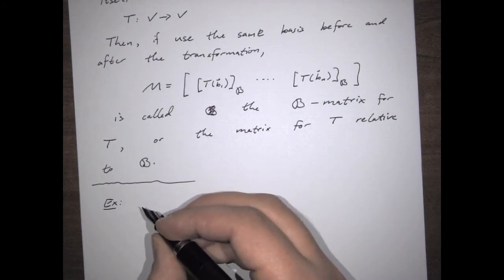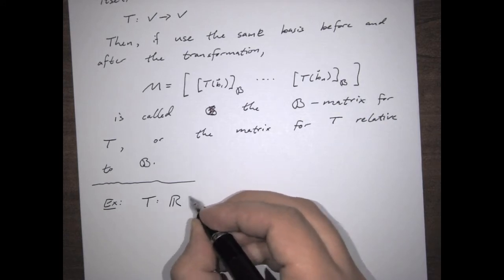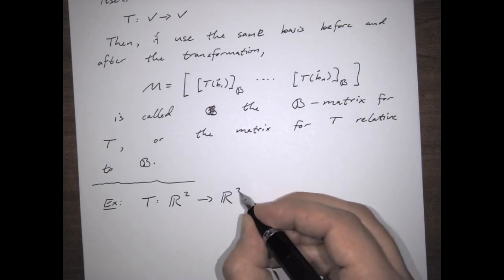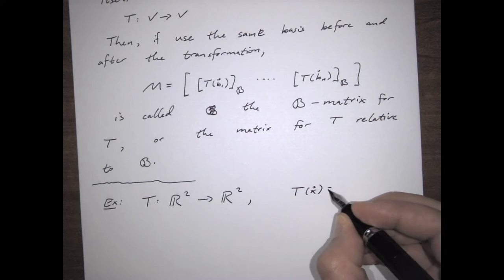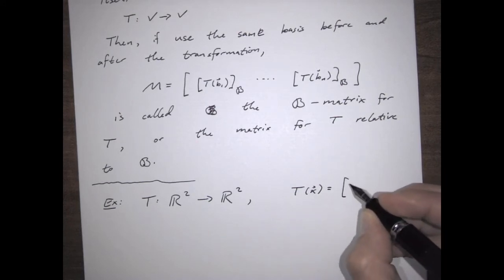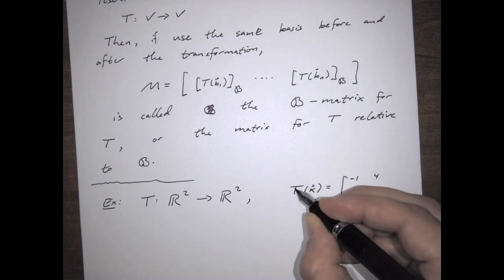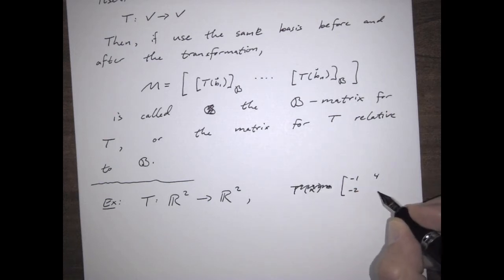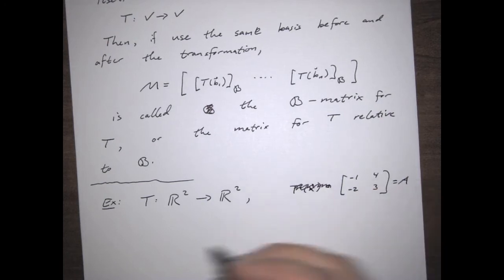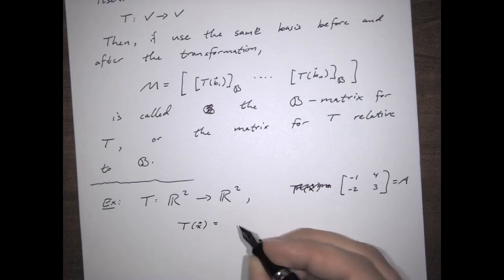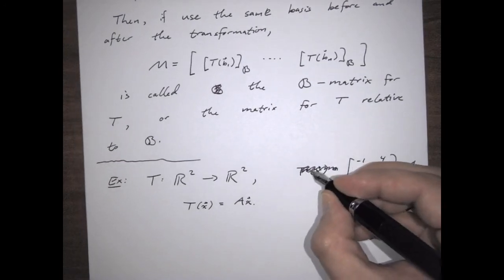So then, if we have a transformation from R2 to R2, and it's given by the matrix, I'll say this matrix, -1, -2, 4, 3 is equal to matrix A, and T of x, by definition, is going to be multiplication by A. So this represents the matrix for the transformation in the standard basis.